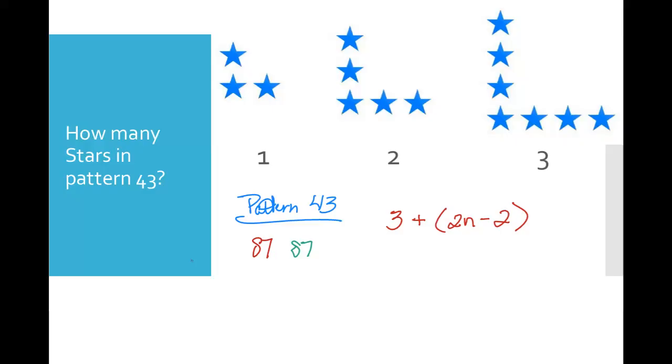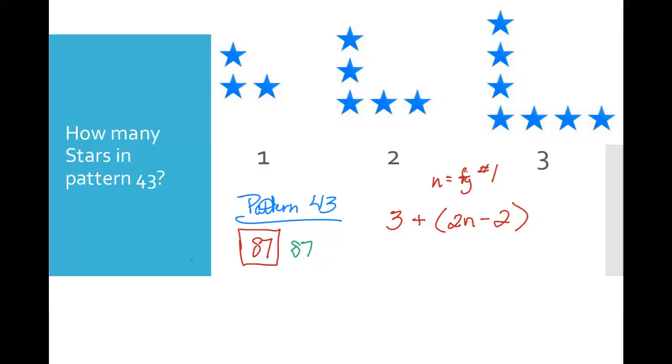My question was how you got 87. Is this how you got 87? Yeah, by replacing n with 43. Okay, so what's N? The bigger number. Say more. Like the figure. Oh, the figure number? Yeah. So N is equal to the figure number.